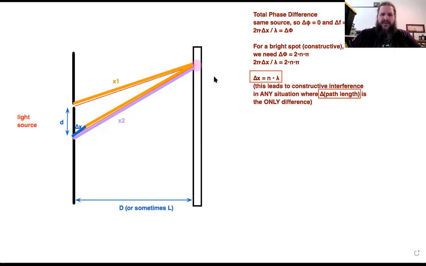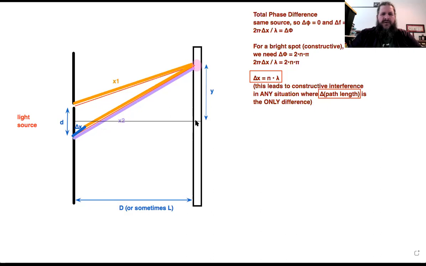Usually, to establish a coordinate system, we would trace across from the center of the slits to a point on the wall. We'd call that location y equals 0, and then we'd measure everything from there. So we would call this distance y, the height of the point of interest above this center point.